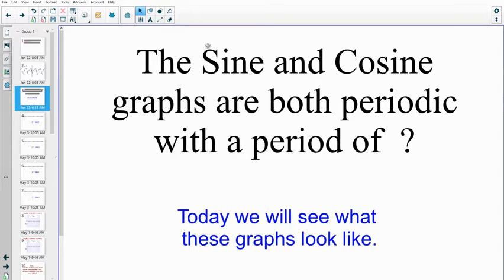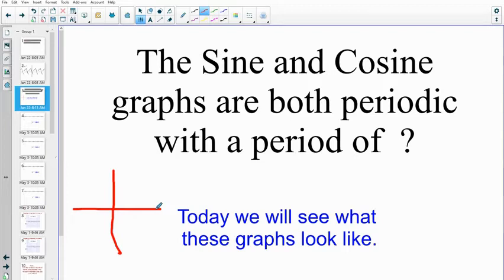And now part of what we're going to be dealing with is that we are going to define these things in two different ways, in terms of both radians and degrees. When we're looking at the unit circle, thinking about sine and cosine values, we've seen that if I start at 0, the sine value goes up to 1, and then down to 0, and then down to -1, and then up to 0, and then it repeats.